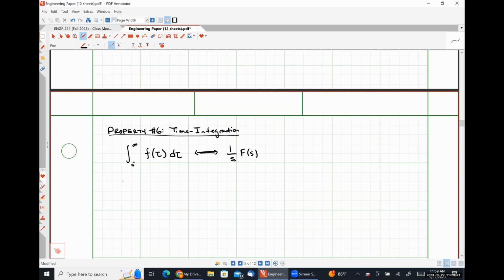So the Laplace transform of the integral from 0 minus to infinity of f of tau d tau is the integral from 0 minus to infinity of, sorry, I need to change these limits here. My apologies. This should be from 0 to t. Sorry about that.